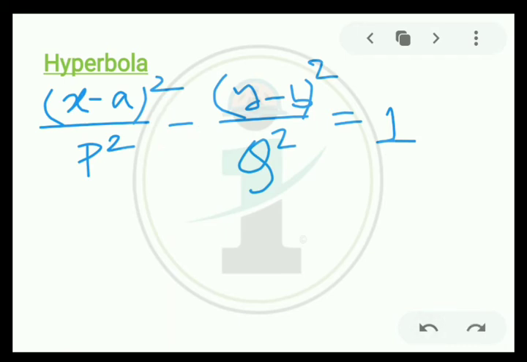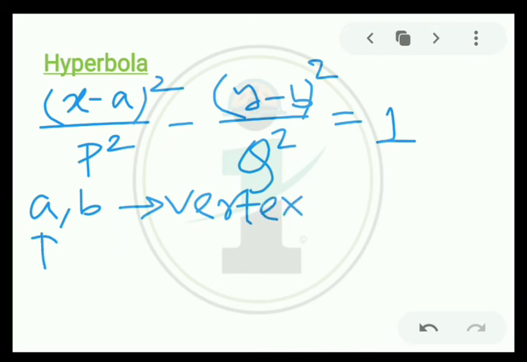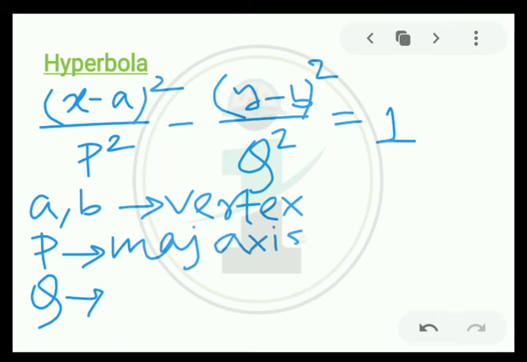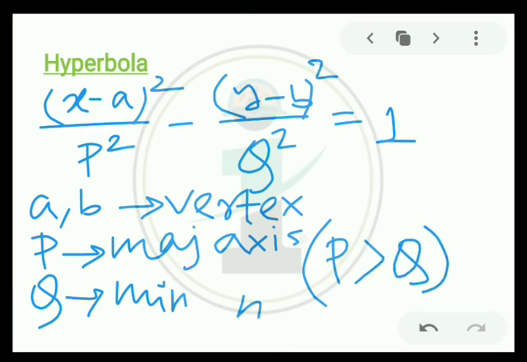So here a comma b is the coordinate of the vertex, and p is the major axis, and q is the minor axis, if p is greater than q.